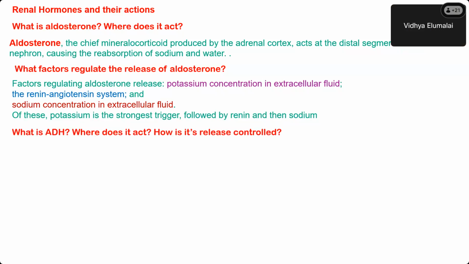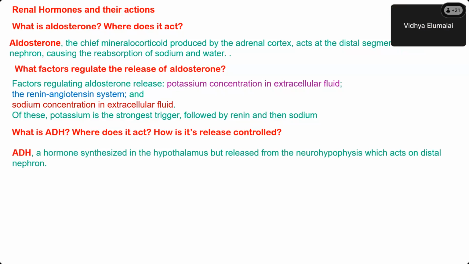Supraoptic nucleus. So it's formed in the hypothalamus and released from the neurohypophysis, which acts on the distal nephron.